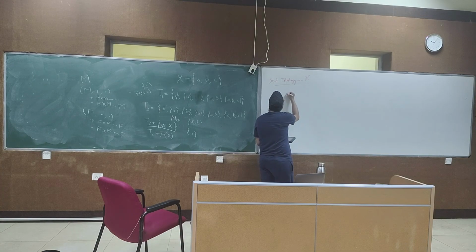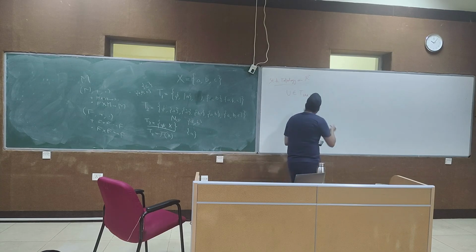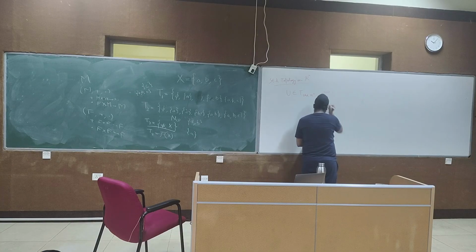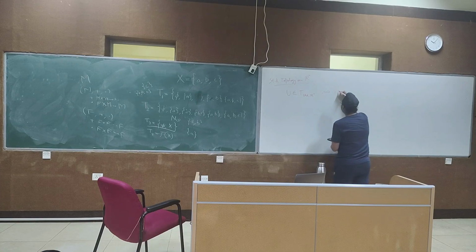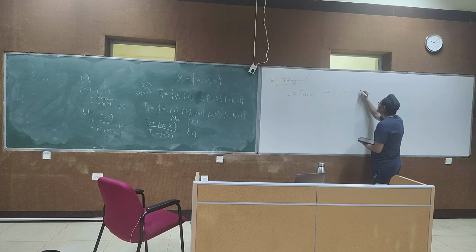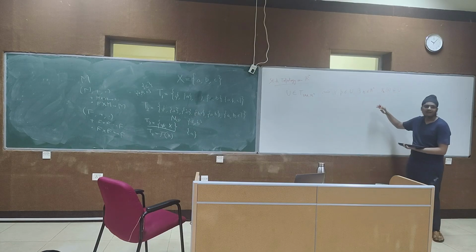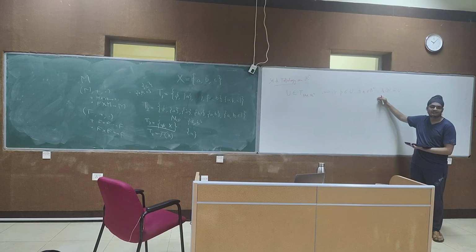A set U belongs to the standard topology on Rn if, for all points P belonging to the set U, there exists a positive radius r such that the open ball around the point P is a subset of U. How many of you don't know about open balls?